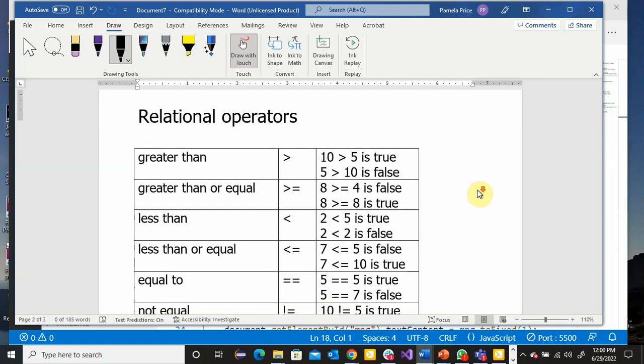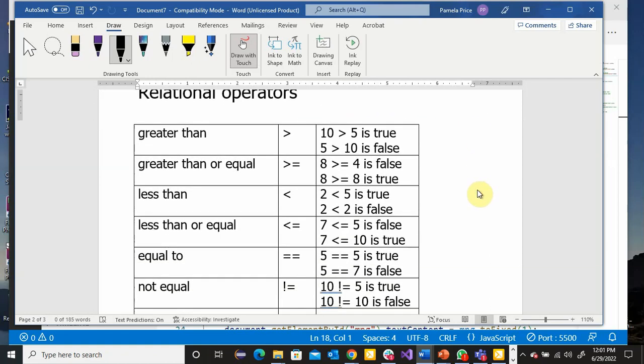And there are 6 main relational operators, although in JavaScript there's a couple more, but we'll get into that in a future lesson. So the main ones, if you think about your math class, if you are comparing two numbers, what are the basic comparisons? You have greater than, and we're familiar with this as the greater than sign.